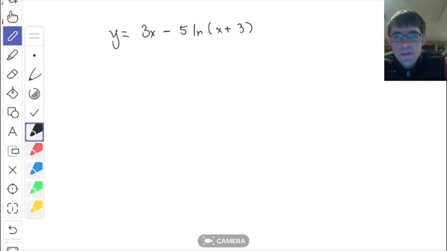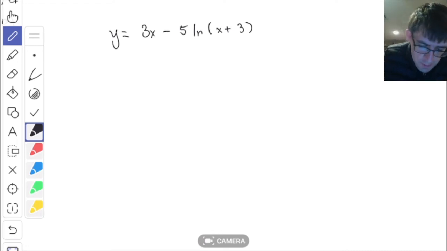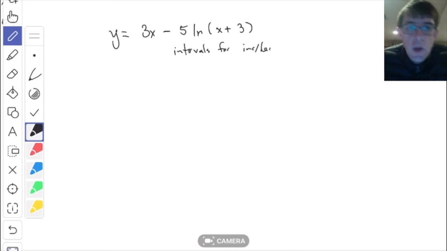I don't know how this is gonna go, but let's try it out. All right. This is one of the increasing, decreasing ones, so intervals for increasing, decreasing. We need to do the same steps that we did before. The first step is take the derivative and then simplify as much as we can.